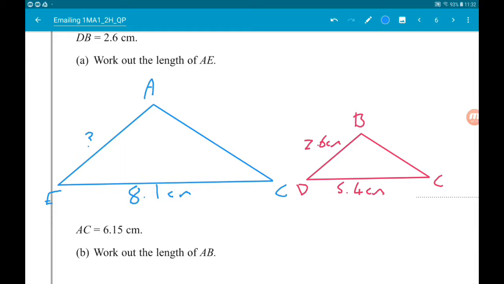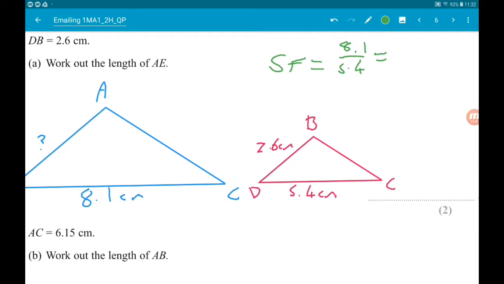So our scale factor here, the only way that we can do it is by doing 8.1 divided by 5.4. Now that gives us 1.5.